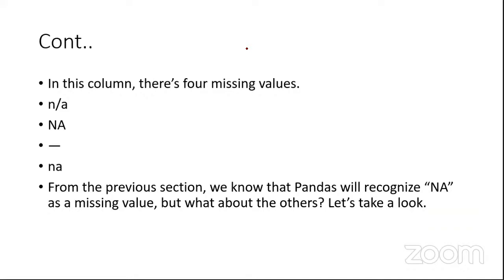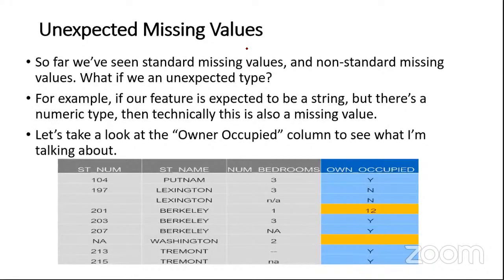It can be anything which you don't even realize. Here, if you see unexpected missing values in a logical field, the answer should only be two: yes or no. But we see four different values: Y, N, 12, space.